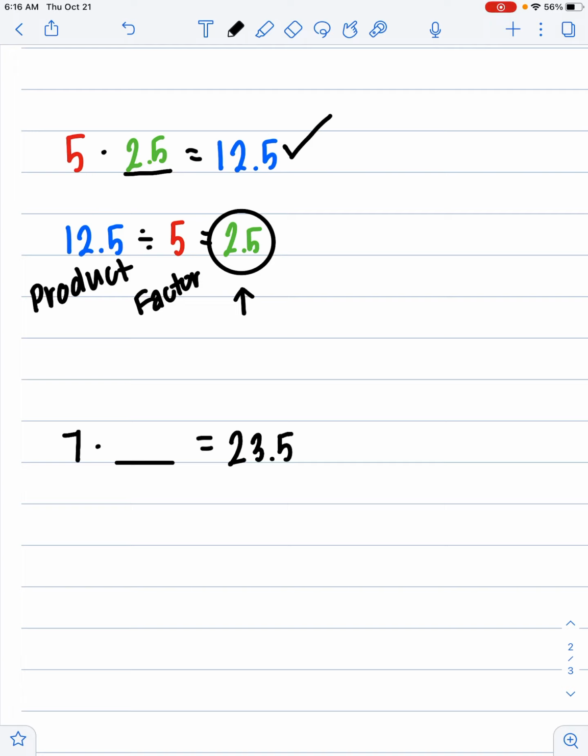So your division sentence should have been 23.5 divided by 7, because we're dividing the product we know by the factor we know, and 23.5 divided by 7 is equal to 3.35, which is what will belong here in our multiplication sentence.